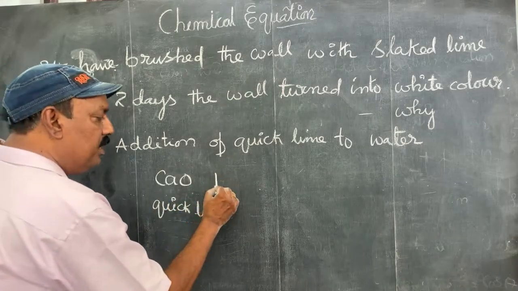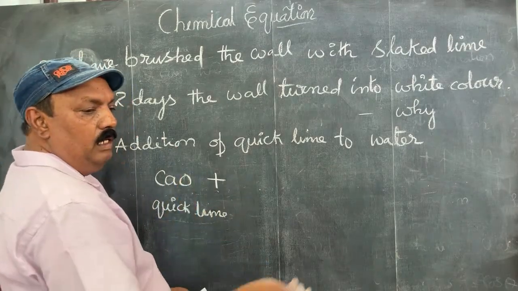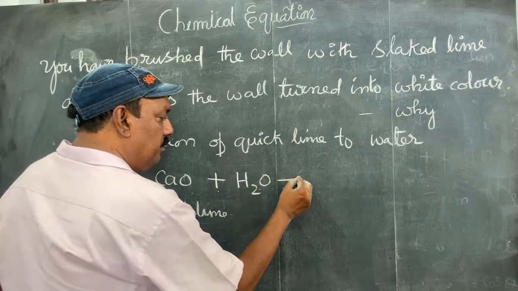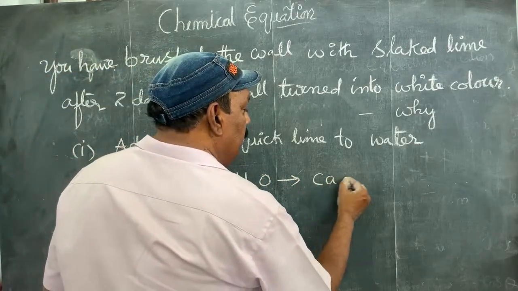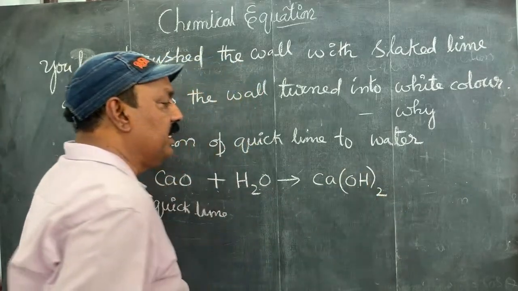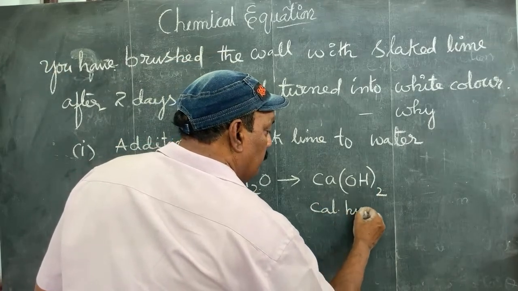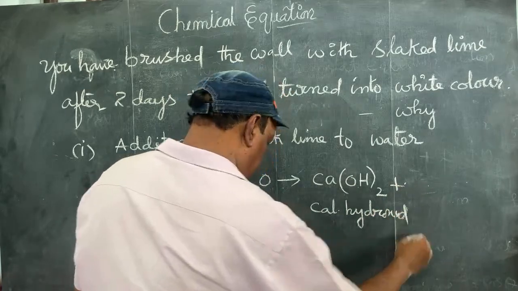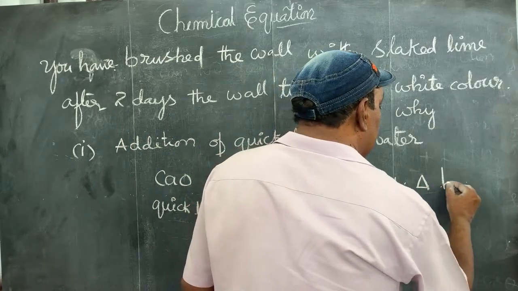This quicklime we get from the shop owner, we bring it and put it into a vessel, and we add a certain quantity of water to it. And what will happen? You are going to get a certain result here. This is calcium hydroxide, Ca(OH)2, plus some heat is going to be released.